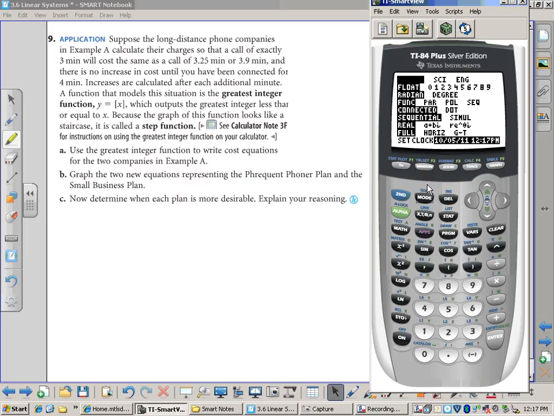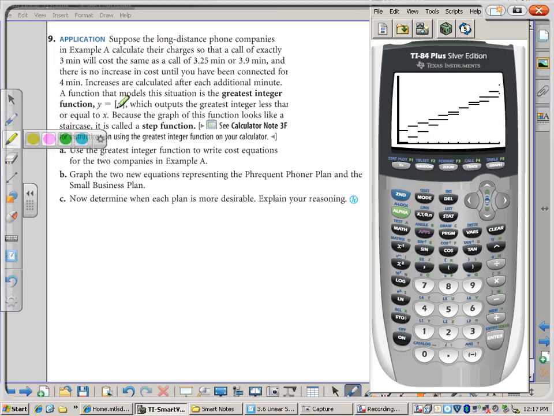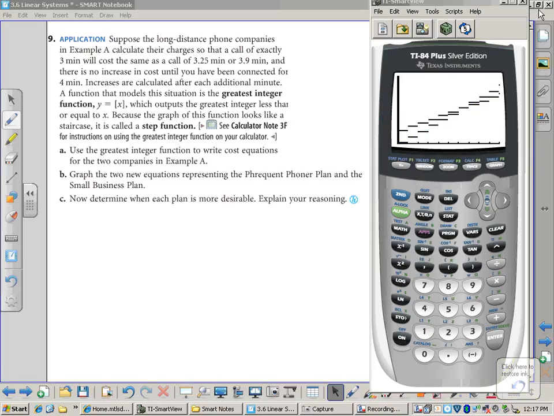Calculators seem to just have different personalities here. Right here you see we have these steps going up, and mine are separated. Your calculator might look more like this. It might go over, up, over, up, over, up, and it might not be separating like that. That's okay. That's not a big deal.